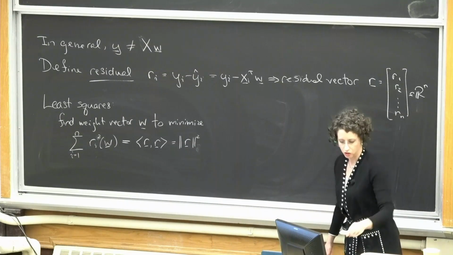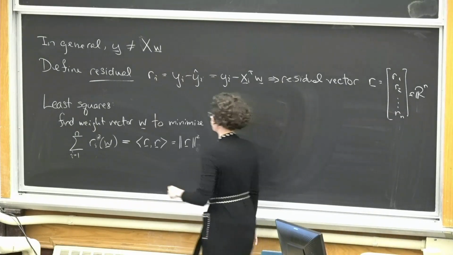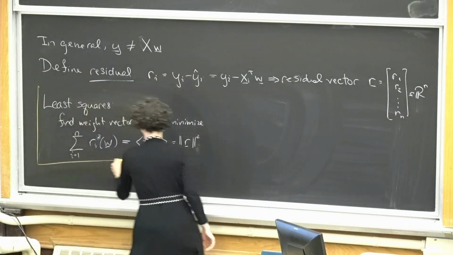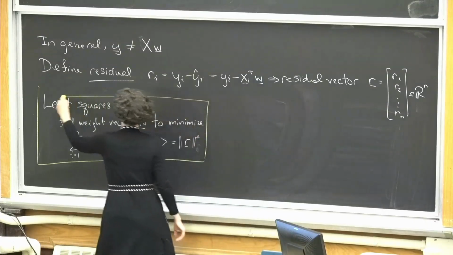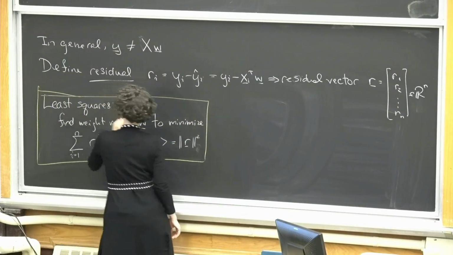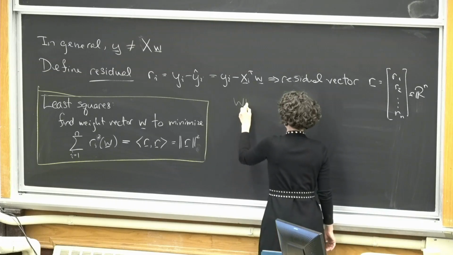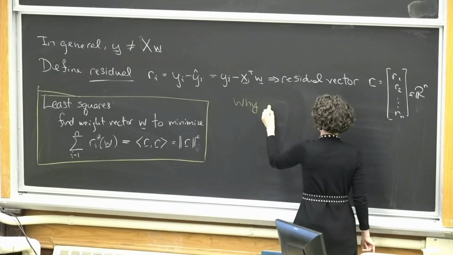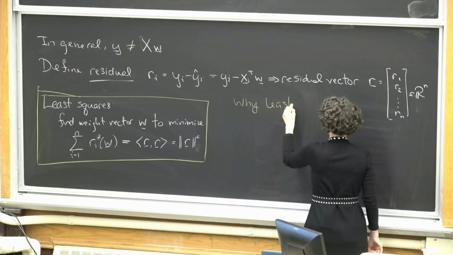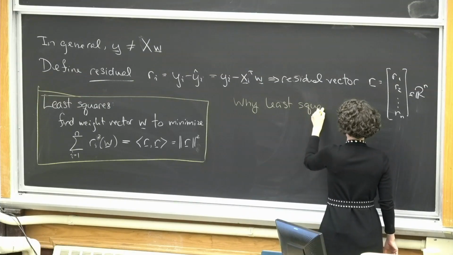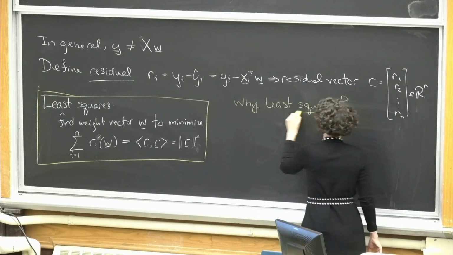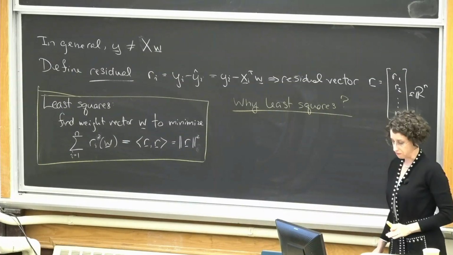Okay, so this is what we refer to when we talk about least squares, because we are trying to make the squared error as small as possible. And at this point, you might be asking yourself, or me, why least squares? Why is this a good objective to consider?